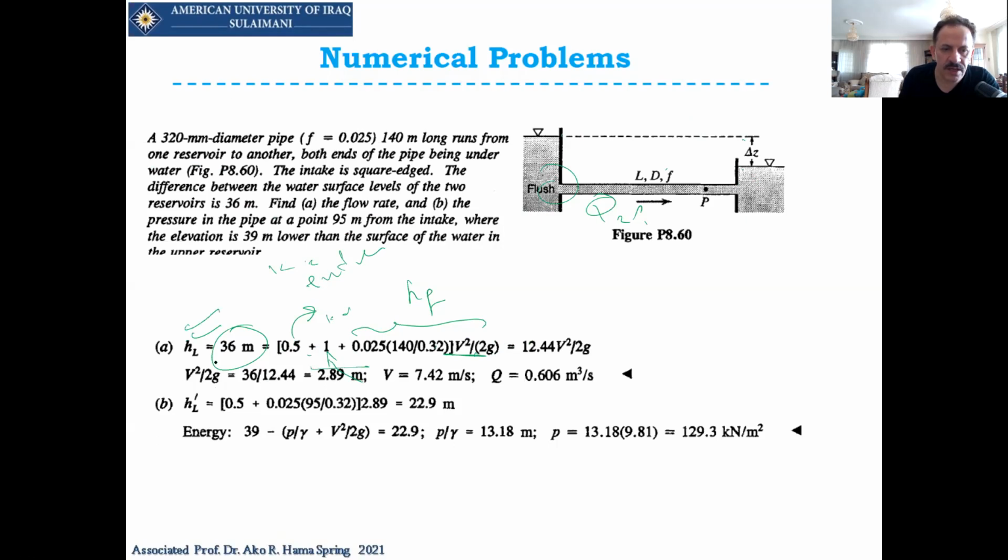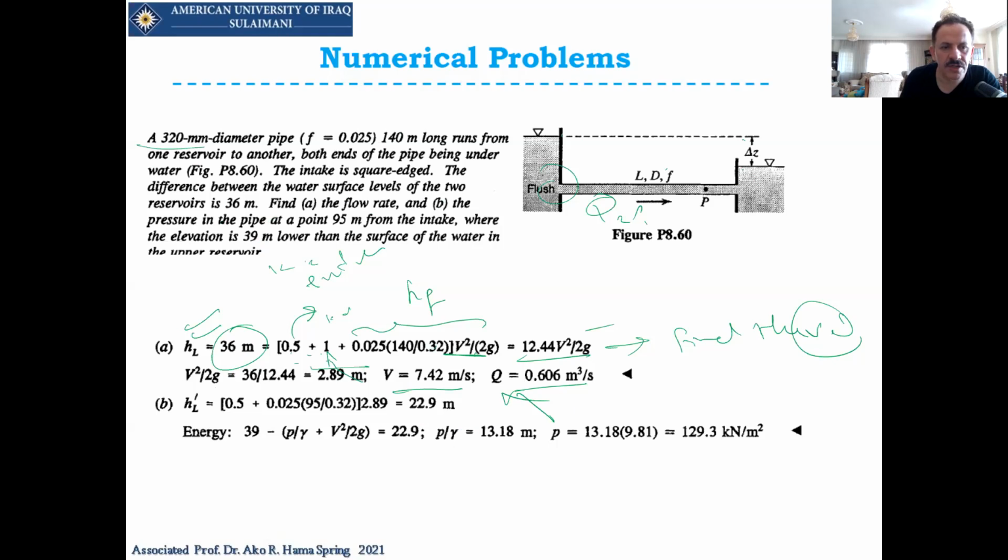So from the head loss of 36 meters and these minor head losses, we can find V. Then from V, with the diameter of 320, I can find Q directly. Okay, this is for part one.